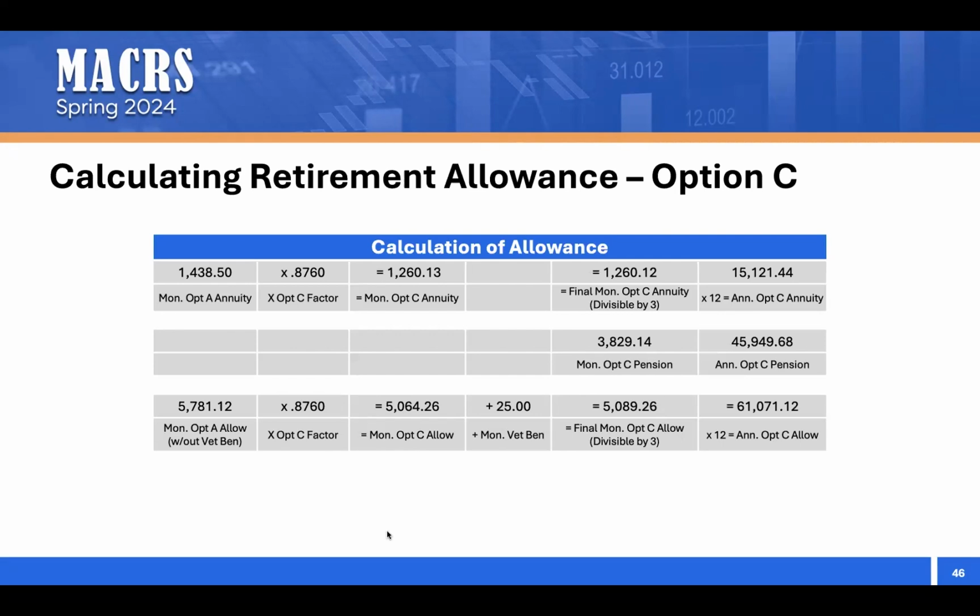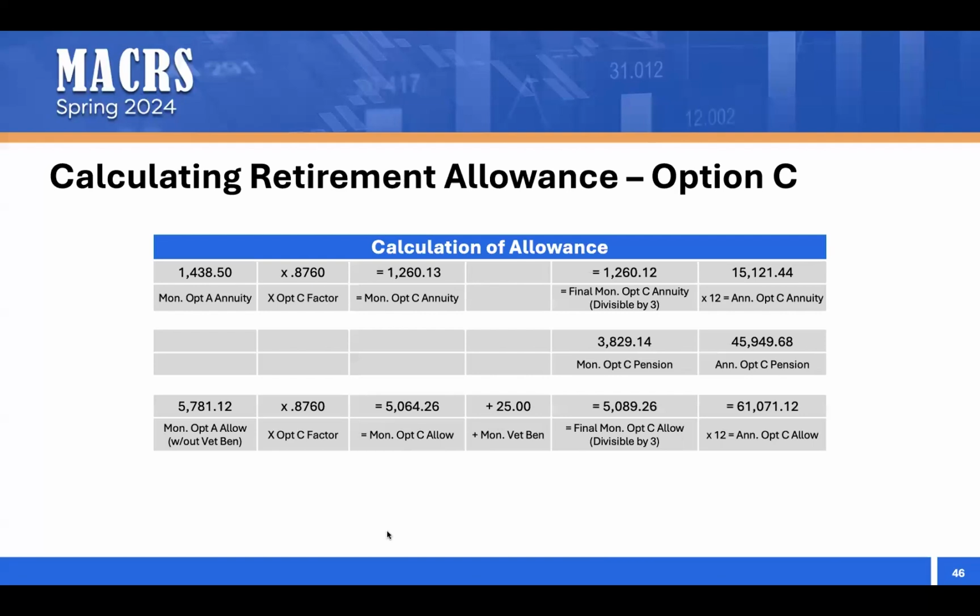And the reason we do this adjustment, if we were to include the veterans allowance before we multiply by the option C factor, then that veterans benefit is going to be reduced by the option C factor, and the veteran would not be receiving his full $300. So by moving the $25 monthly benefit after the calculation, we're ensuring that the member receives the full $300 veterans allowance.